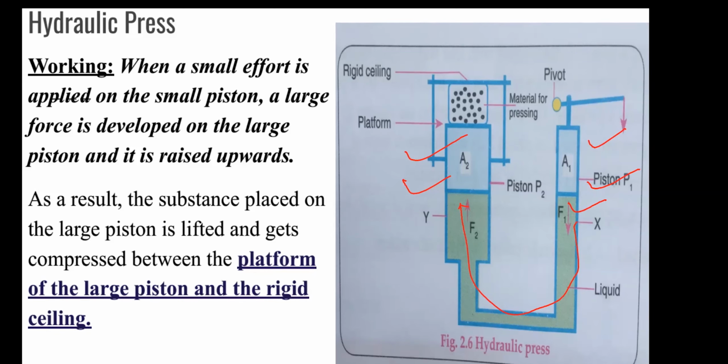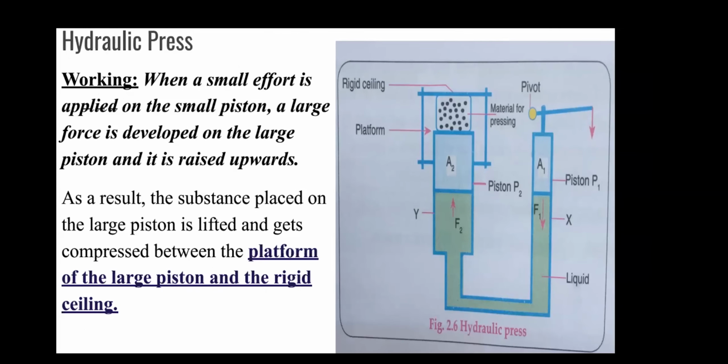It occurs because of equal distribution of liquid pressure. So the pressure at piston 1 and piston 2 is equal, and because of equal pressure in both pistons, the force becomes different: the force on the small piston is less, whereas the force on the big piston is more. So force increases on the load side. This is the working of a hydraulic press.